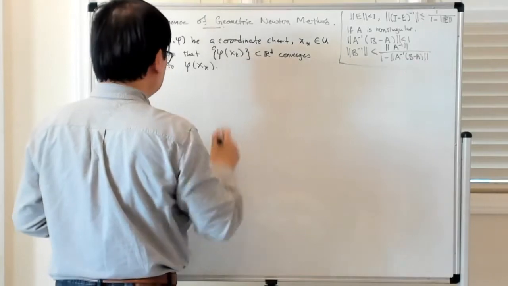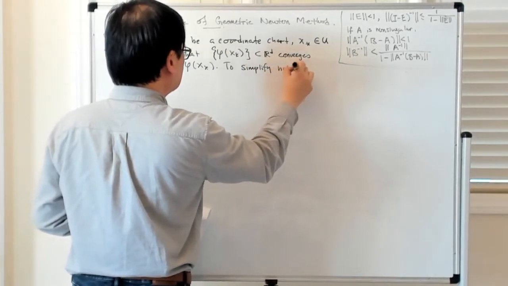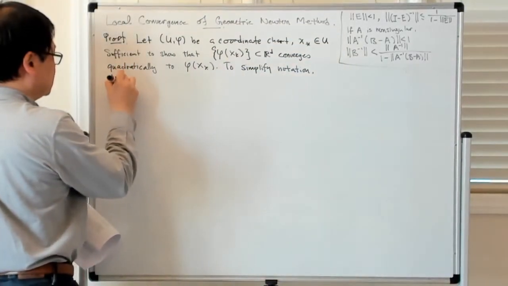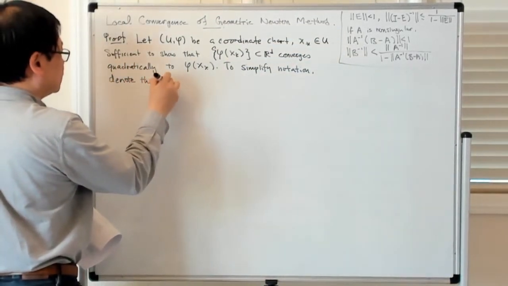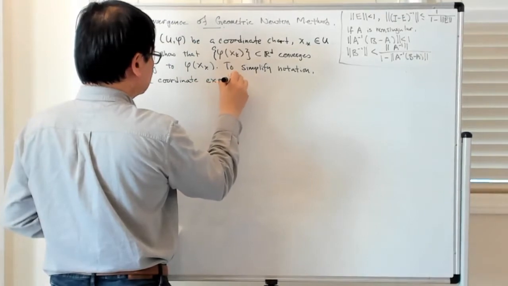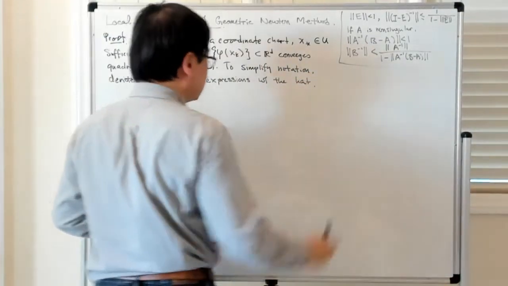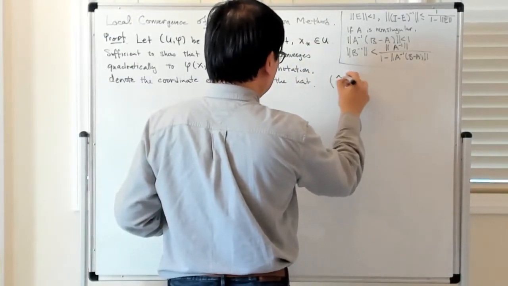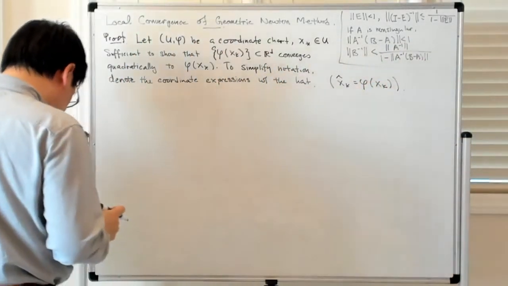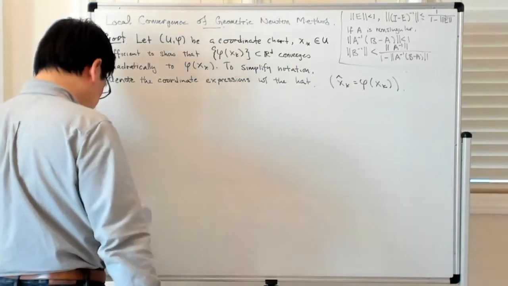Then, to simplify notation, we're going to denote the coordinate expressions with a hat. As an example, xk hat is just the image of the point xk by the coordinate map.